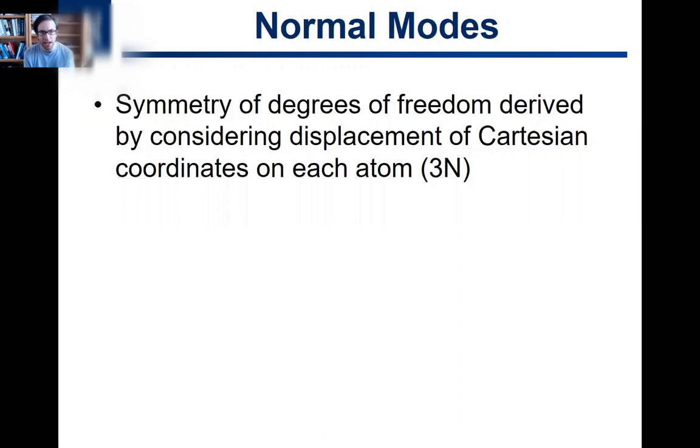And so the best analogy for all of this and for normal modes is to think of normal modes as the strings on a stringed instrument, like a guitar. Each normal mode, or each string that you have on a guitar, allows you to play a certain note, right?